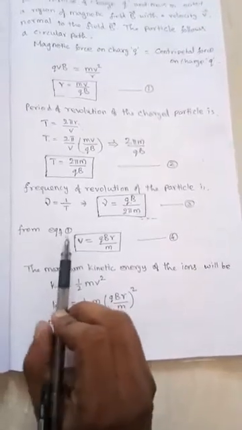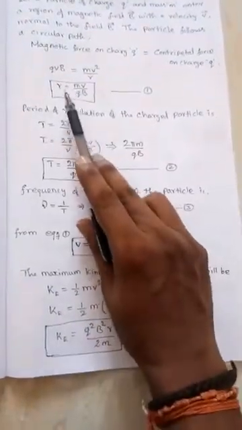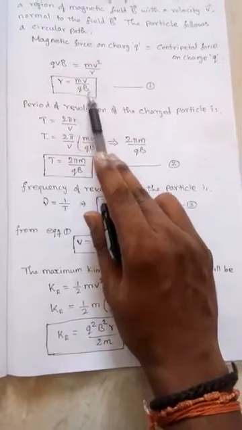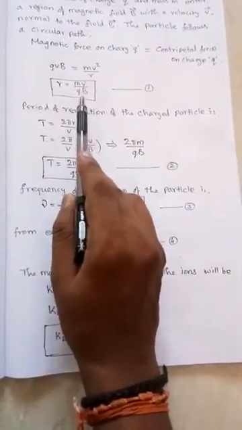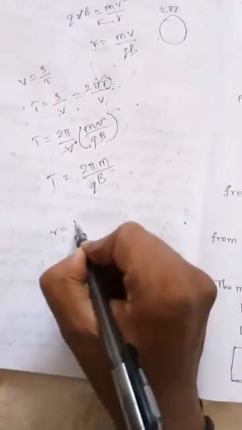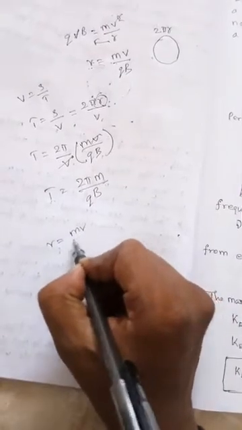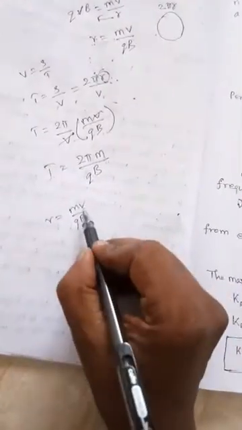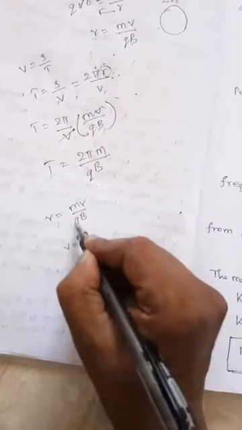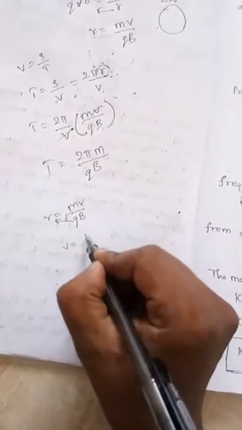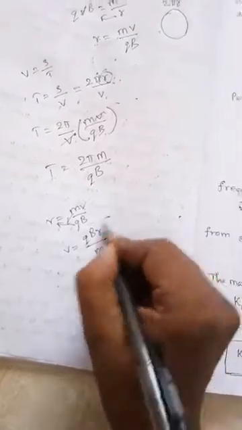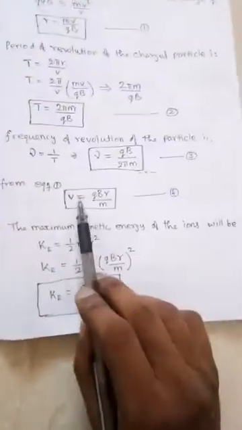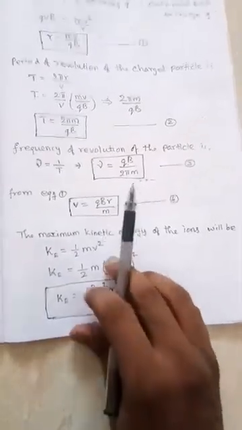How do we calculate the kinetic energy? Very simple. From equation 1, you already know r is equal to mv by qB. From this you can calculate the v value: v is equal to qBr by m.